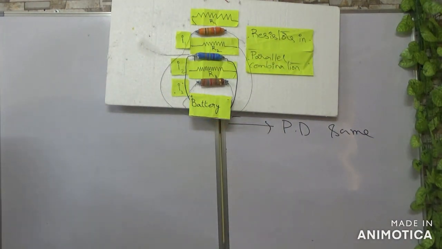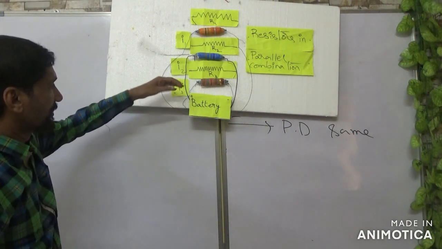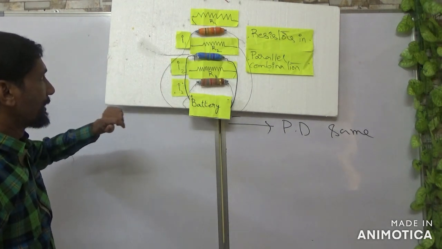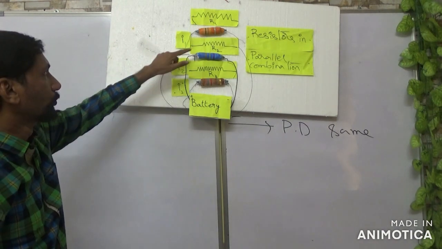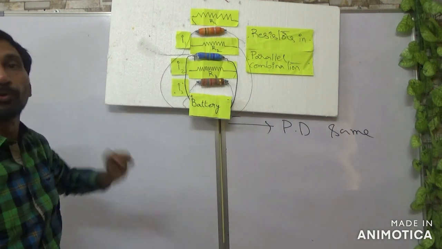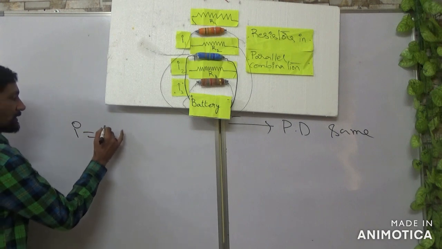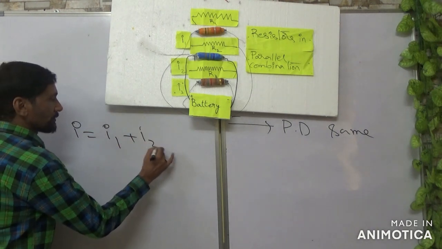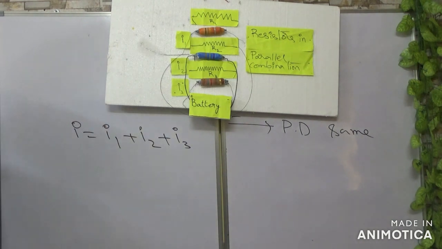So in case of parallel combination, current I starts from here, but it will divide into 3 paths: I1 through the first one, I2 through the second one, I3 through the third one. That means total current is equal to the sum of the currents.